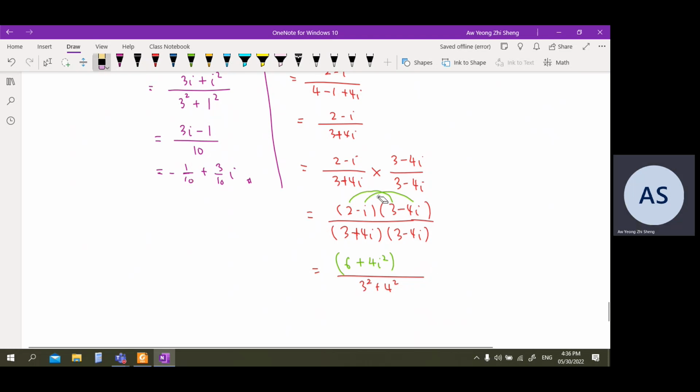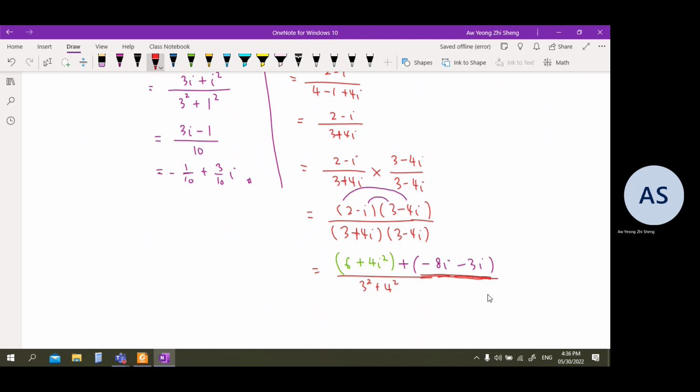Next will be to multiply the terms that generate the imaginary terms. And those will be the inner and outer combination. The outer combination gives me a negative 8i. Inner combination is a minus 3i. And now I extend my line, make it longer. Okay.